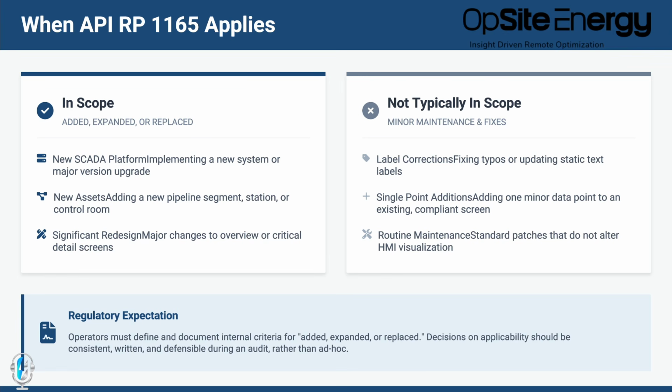Correct. Because the biggest thing is, you don't want to go into an audit and they ask you, well, why didn't you apply 1165? And you're there and you point to your SCADA engineer and say, well, he knows about 1165, right? It's about having some type of manual, having some documentation that you're following your own standards, you're implementing within your environment for your operations.